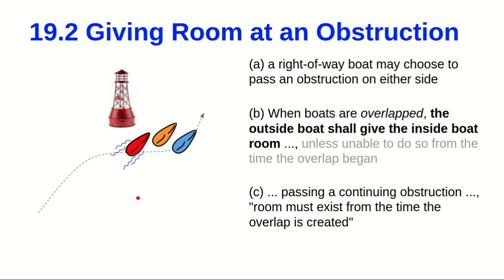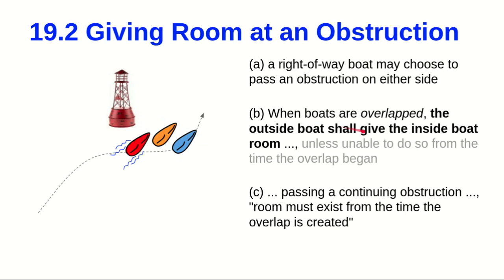What if another boat comes in here at this point? Red's come steaming in at speed and stuck her nose in between orange and the obstruction. Is she due room at this obstruction? She's the keep clear boat of orange and blue because she's the windward boat overlapped with each of them on the same tack. Well, the right-of-way boats, both blue and orange, have chosen what side of the mark to go to.